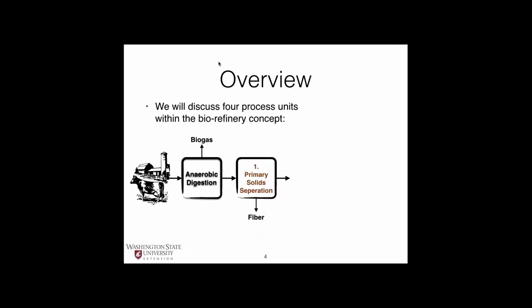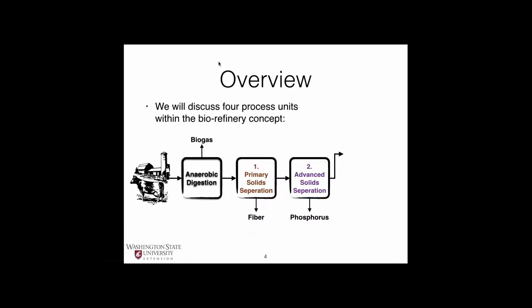So the first unit that we'll look at is primary solid separation. I should take a step back real quick and say that in the diagram we're looking at the dairy, we have our cows, and then everything starts in this case with our anaerobic digester, with our main product being the biogas. And then the first unit that we'll talk about here is primary solid separation, which will be a fiber product.